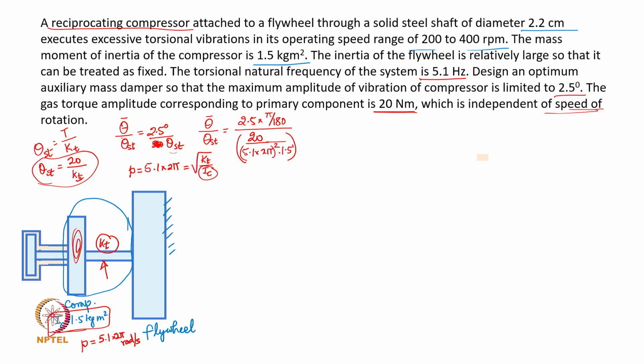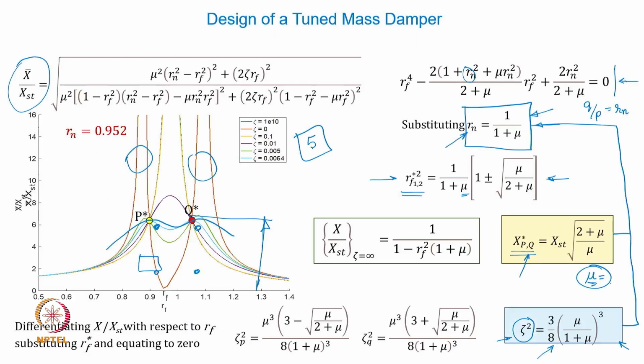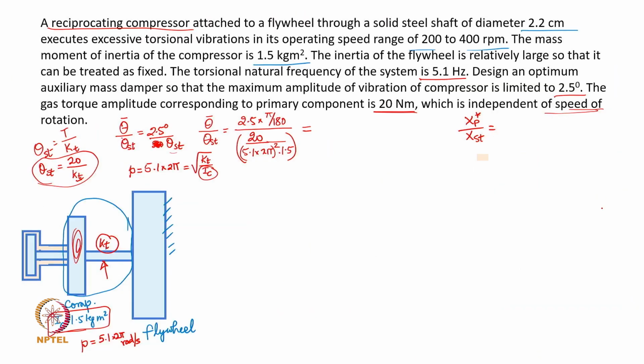Now, if you are supposed to design an optimum auxiliary mass damper, you know what the expression for this is? You remember Xp star upon Xst was given by this expression. Look at this expression: square root of 2 plus mu upon mu. Is it not?